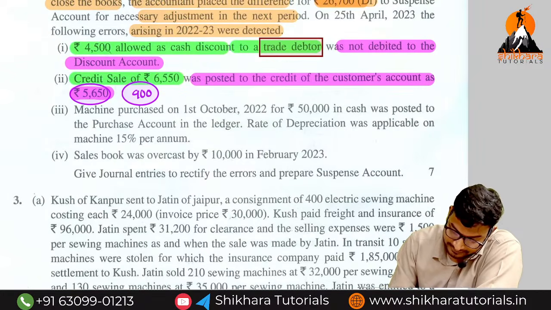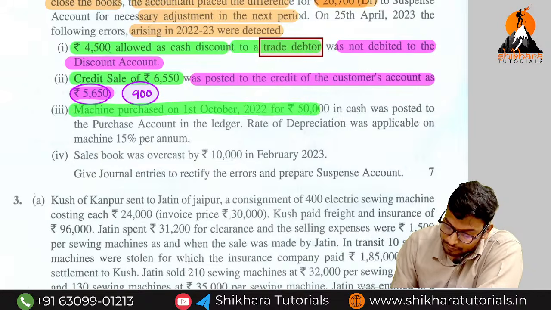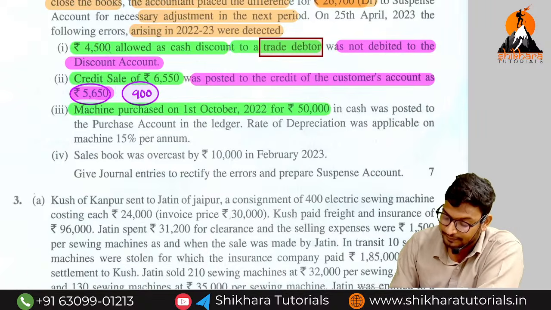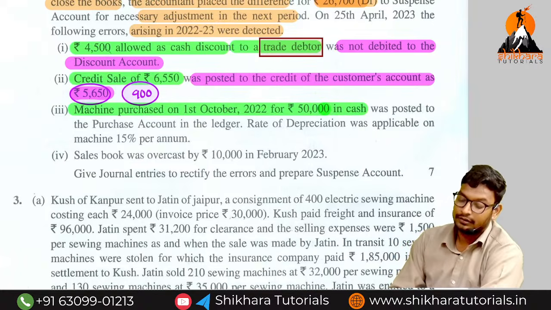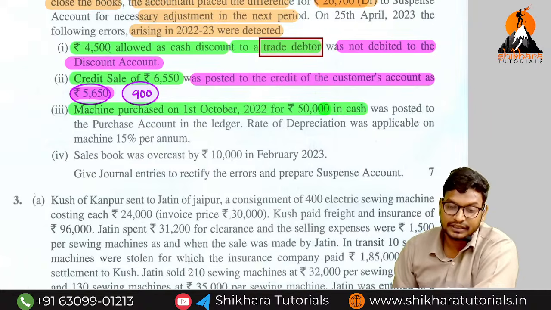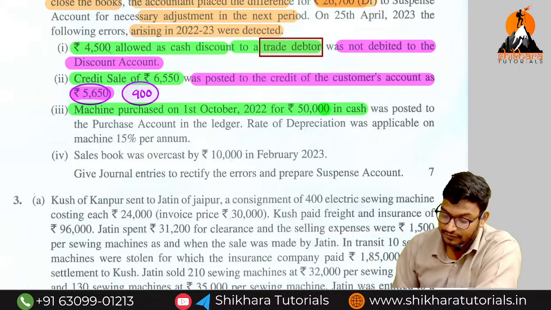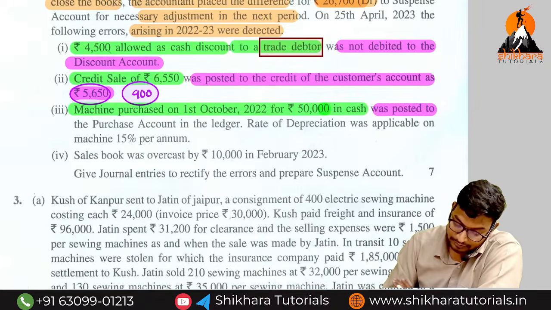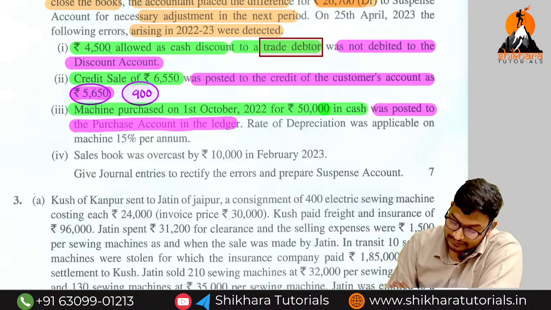The first point is a right one. Machinery purchased on 1st October 2022 was rupees how much? 50,000 in cash. So this is the actual transaction, up to here in cash. What is the entry? Machinery account debited to cash account, 50,000. It was posted to purchase account in the ledger.